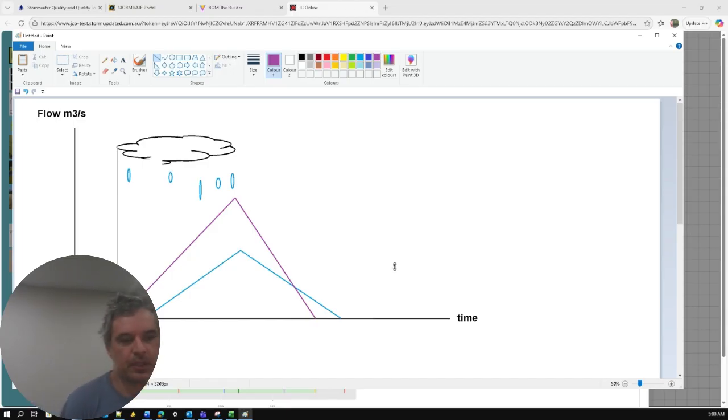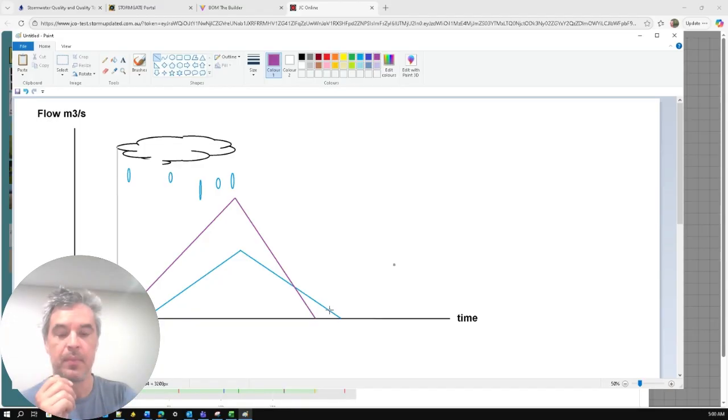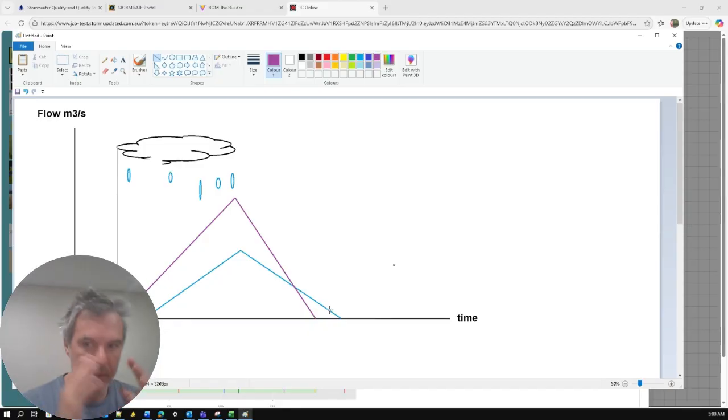The reason why the discharge is higher is because of all this volume. So it's really important when you see a graph like this, always think about area under the curve. Area under the curve is one of the most important concepts that I can share with you today, because once you understand that flow multiplied by time is volume, then you start to get an idea about stormwater and how things happen, right?